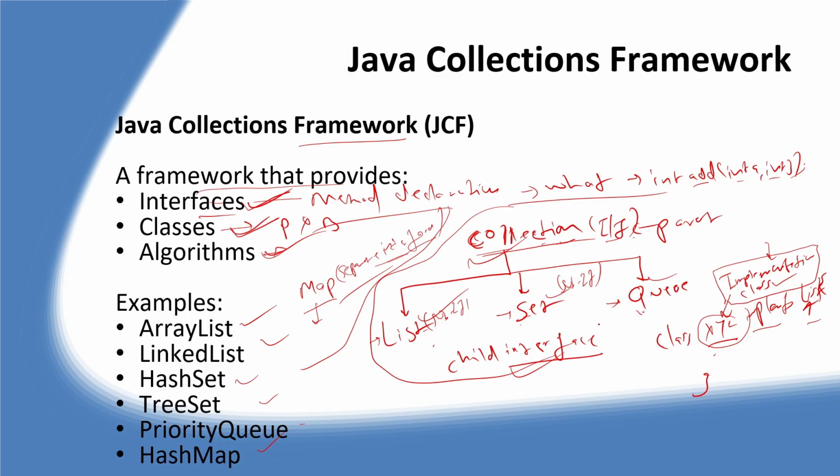And map is also part of the Java collection framework, but it does not extend the collection interface because it stores data in the form of key-value pairs. We will understand these things, but for now just keep in mind that map holds values in the form of key and value pairs, whereas collection holds just values.